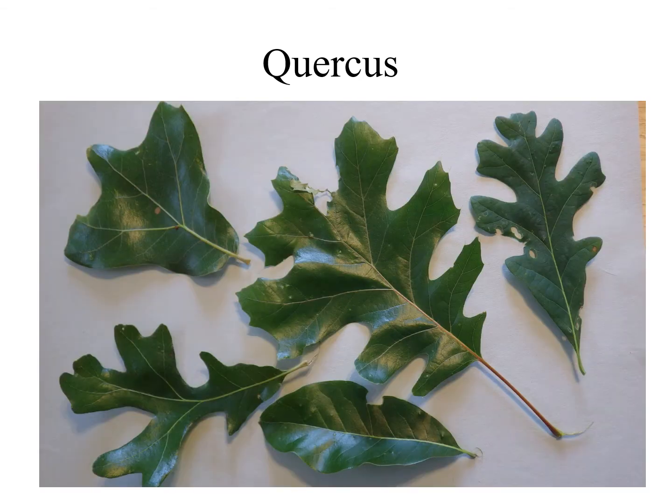In lab number 6, we are going to conduct a cladistic study of members of the genus Quercus. Those are the oak trees. And our in-group here includes the white oak and the post oak and the blackjack oak and the red oak and the shingle oak and the pin oak. Right?